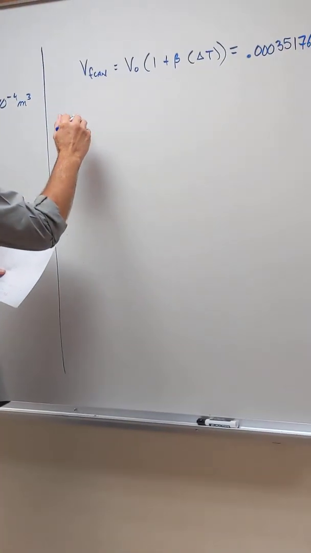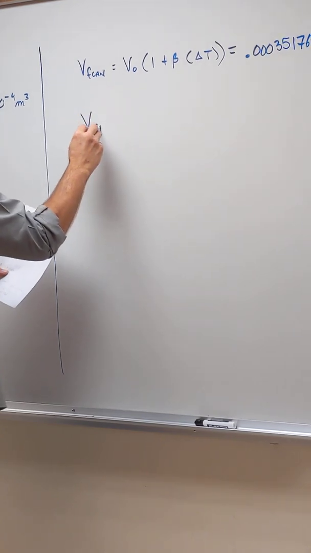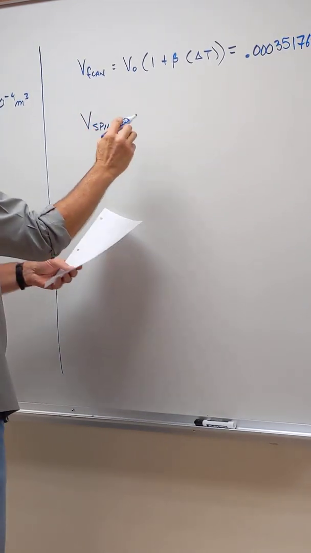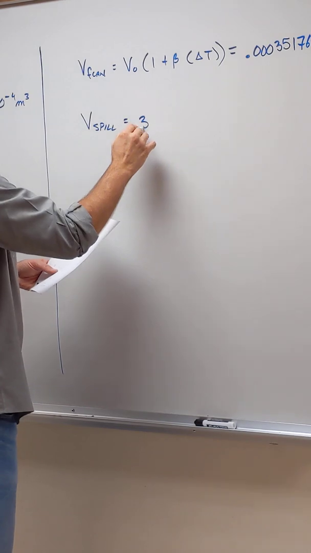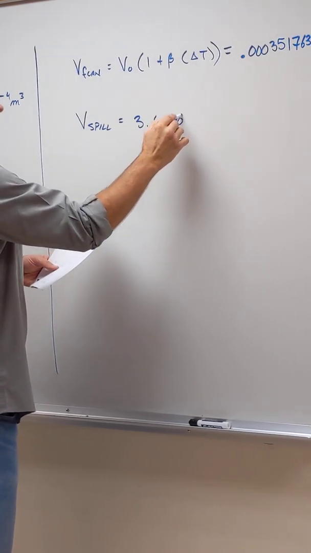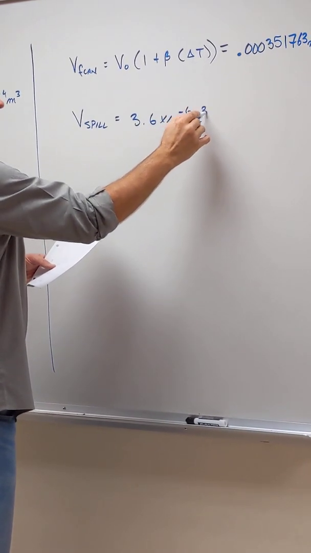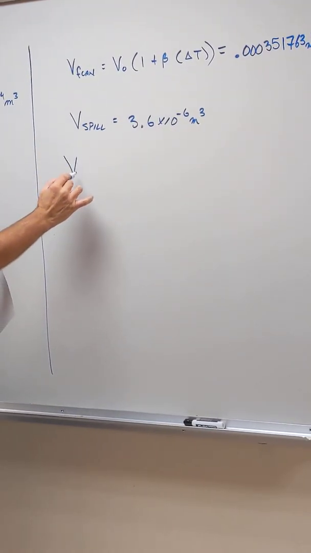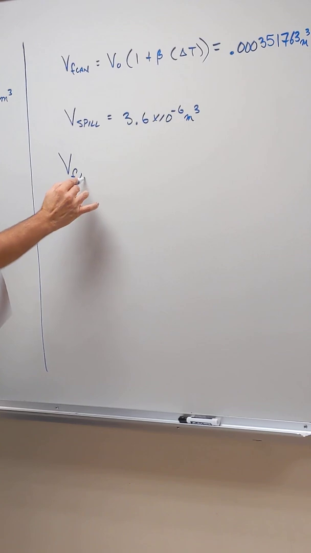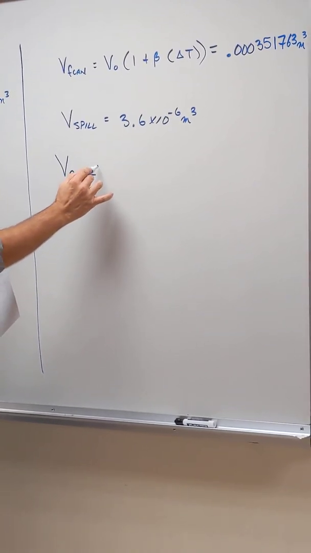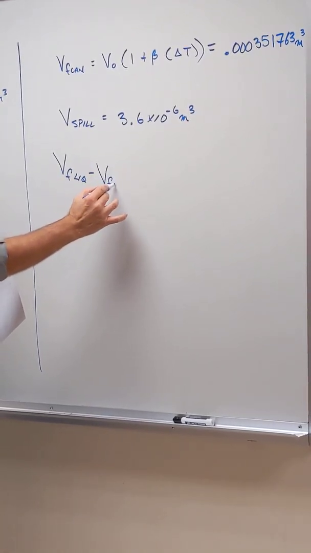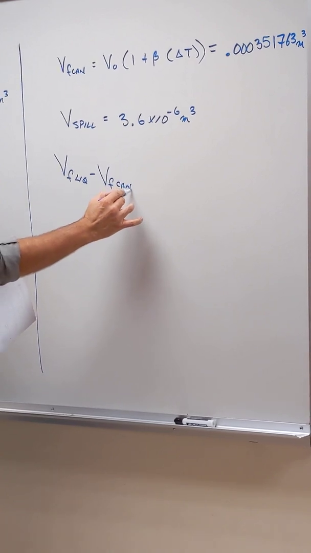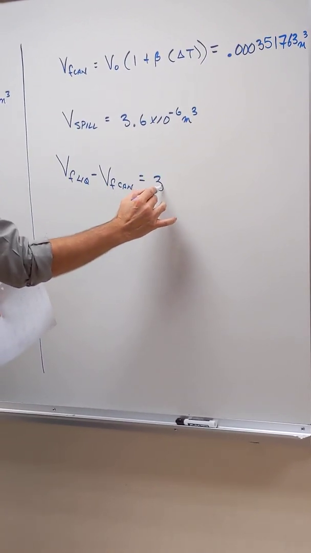The volume of the spill is 3.6 times 10 to the negative 6 meters cubed, yes? So that would be volume final of liquid minus volume final of can equals the spill.